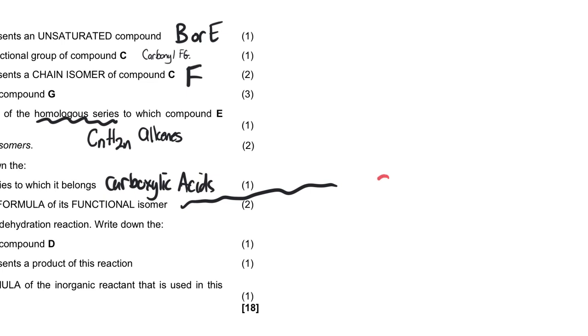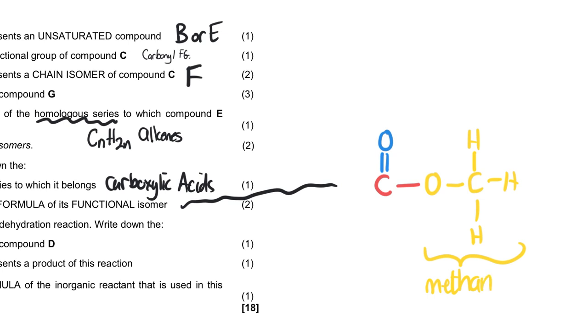So we're going to have a carbon, and we're going to have another carbon. So this carbon is going to have a double bond O, and it's going to be bonded to an oxygen, and that oxygen is connected to a methyl group. So this would have come from methanoic acid, so this would be methanoate.